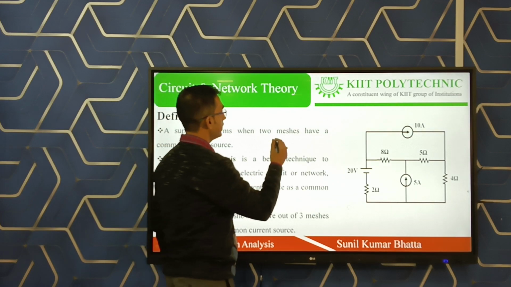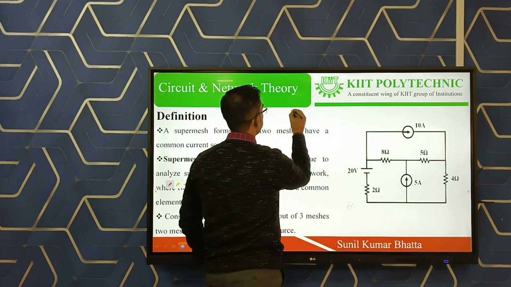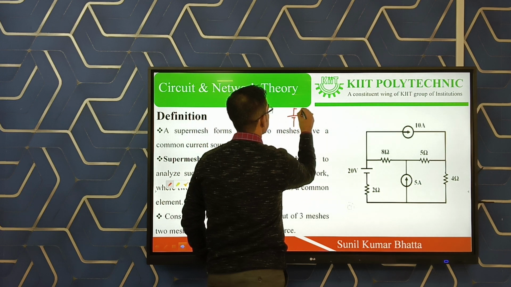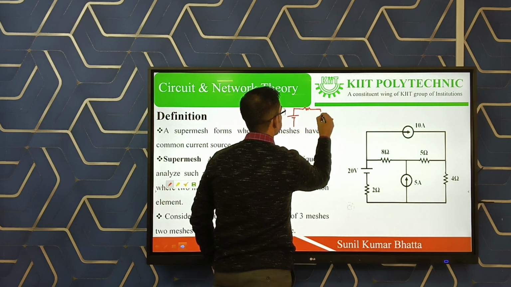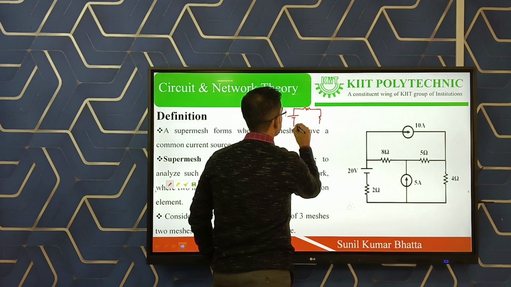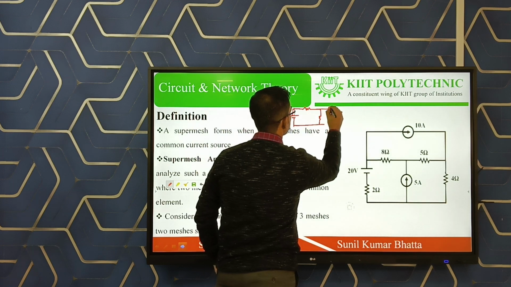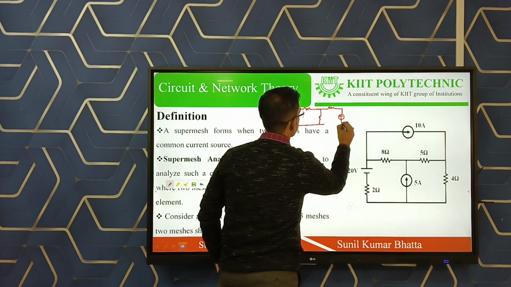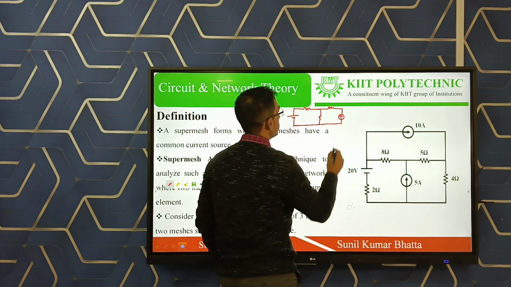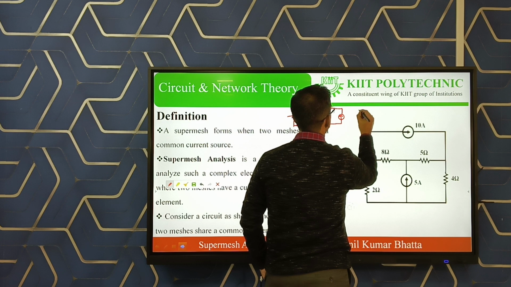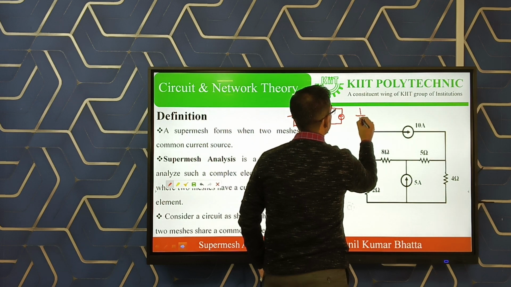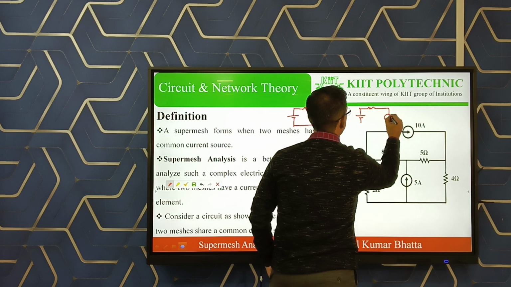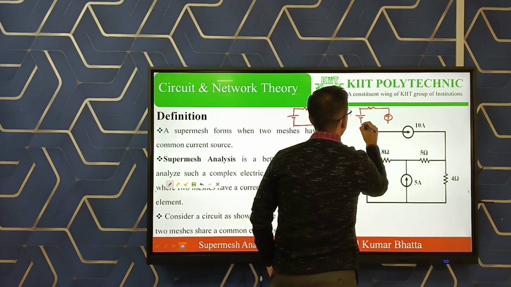So I am drawing a very simple circuit here. Two sources are present, a voltage source and a current source, and some resistances. And I am taking another circuit here, where one voltage source is connected, some resistances, and one current source is connected.